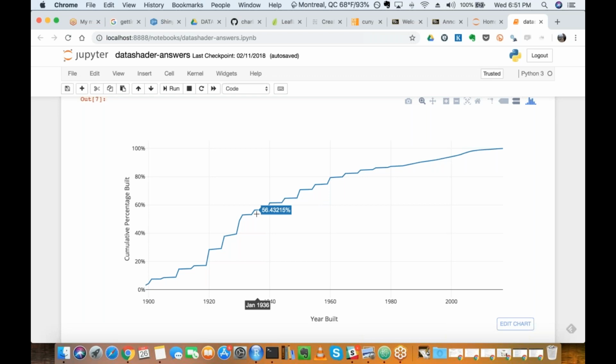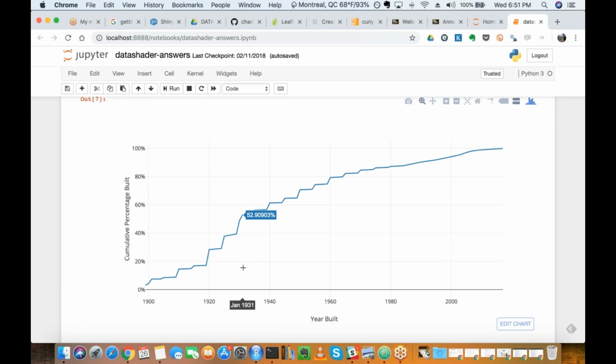Here you still see that it's stepwise, and that's showing these irregularities, but it's not as jarring as what we were seeing before. Using something like this, we're able to get an idea of when, for example, 50% of the buildings were built, around the 1930s.